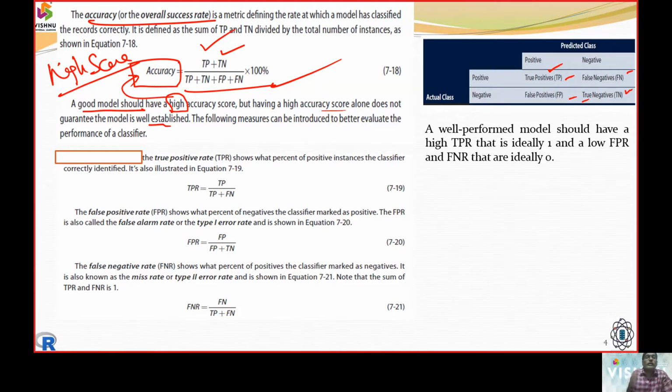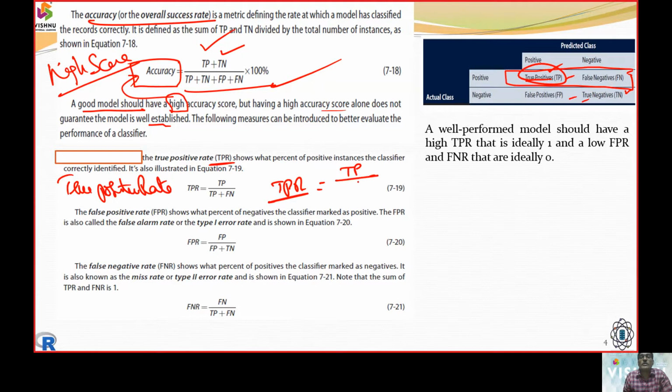Now, let us see the internal composition of the true positive rate. We call it TPR, true positive rate. TPR is the truth part divided by the truth part and the false part.